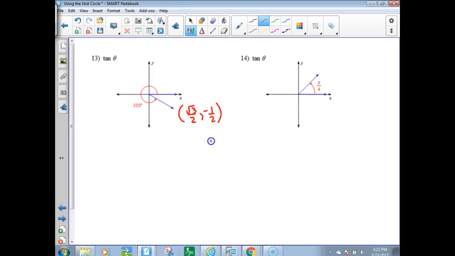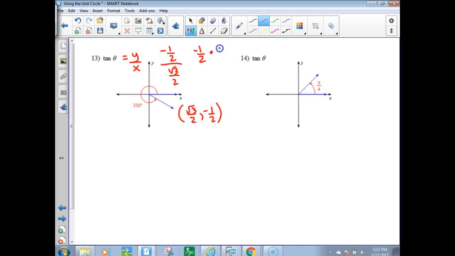Which one do I want? I want the tangent. You have to remember the tangent is y over x. So we take the y, or the sine, negative 1/2, over the x, square root of 3 over 2. Now, how do we simplify that? You certainly can't leave it like that.